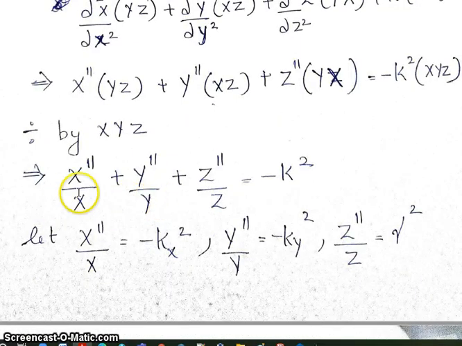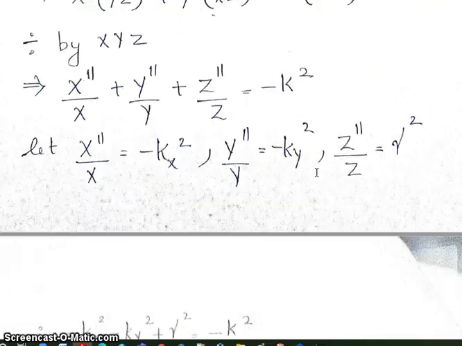So finally I can write it as X double dash by X plus Y double dash by Y plus Z double dash by Z is equal to minus k². Next I am making a substitution: X double dash by X is substituted as minus kx², Y double dash by Y as minus ky², Z double dash by Z as gamma square, which is a phase constant.